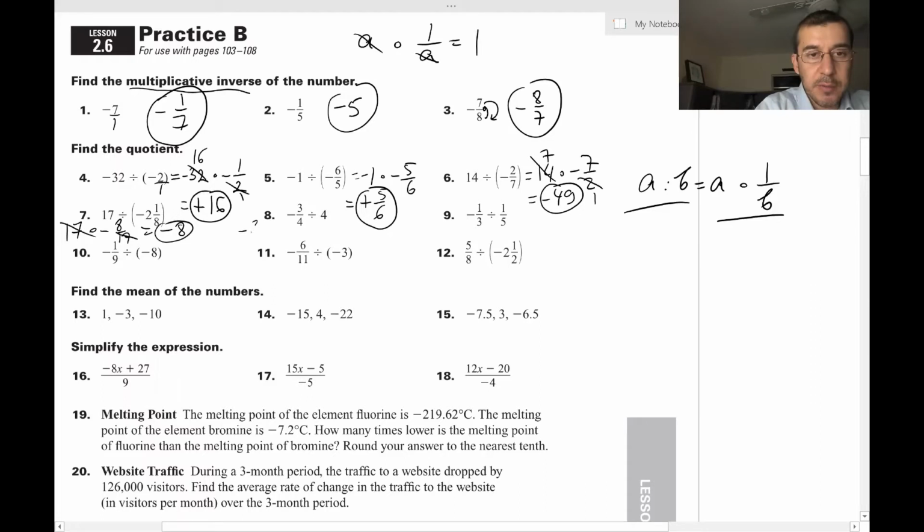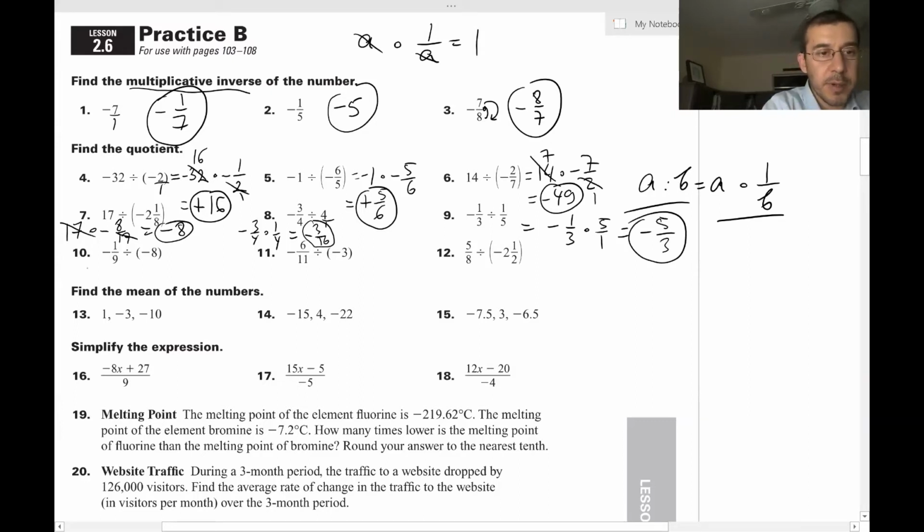Here we have -3/4 times, well, this is 4 over 1, so this is going to be 1 over 4. And then this is going to be -3 times 1 is 3, 4 times 4 is 16, so -3 over 16. Number 9, we have -1/3 times 5 over 1. Well, this is minus times plus is minus. 1 times 5 is 5. 3 times 1 is 3. So -5 over 3.